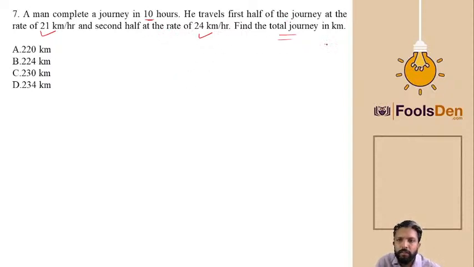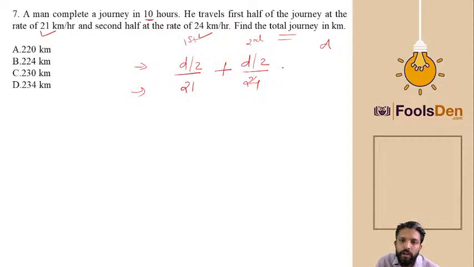Let the distance be d, first half will be d by 2, second half will be d by 2. First half was traveled at a speed of 21 km. Second half was traveled at 24. This is the time taken, because it is distance upon speed: time taken to travel the first half of the journey, time taken to travel the second half of the journey. Total time is equal to the duration.